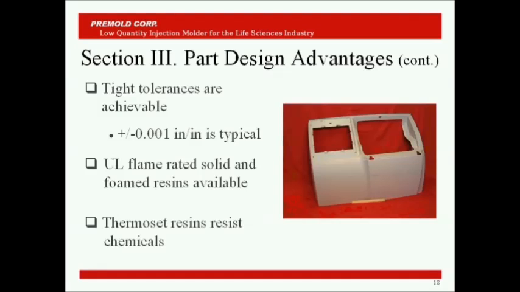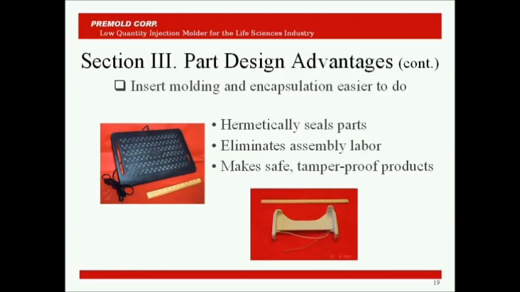RIM resins are also very resistant to attack by chemicals because they're thermoset resins formed by a chemical reaction. That's especially beneficial for people in the life sciences industry because they're typically having their parts and their machines exposed to cleaning chemicals and whatnot.